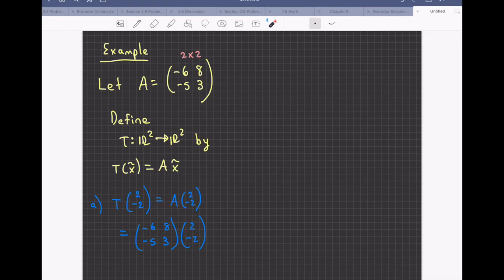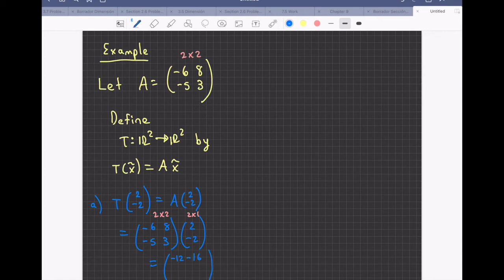And this multiplication, as I mentioned before, is always possible. I have a 2 by 2 matrix, and this is a 2 by 1 matrix, or it's a vector, right? So this becomes -6 times 2, -12, plus 8 times -2, -16.